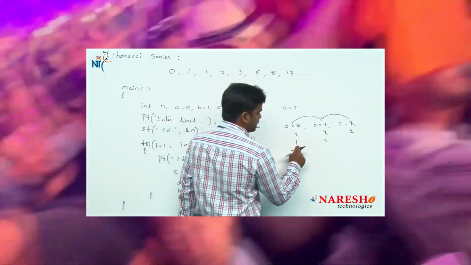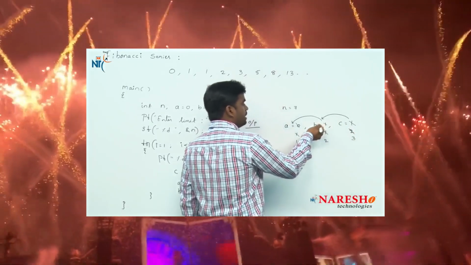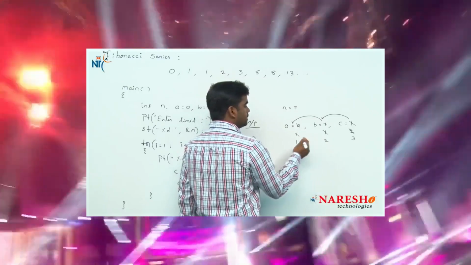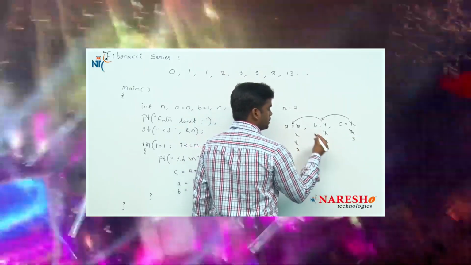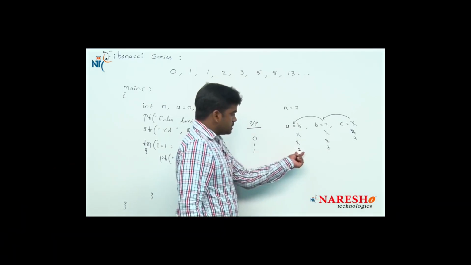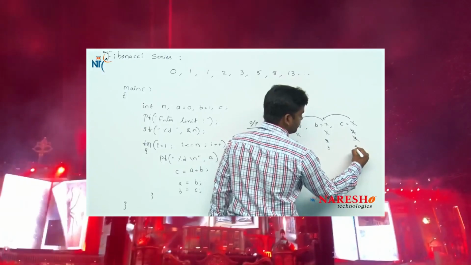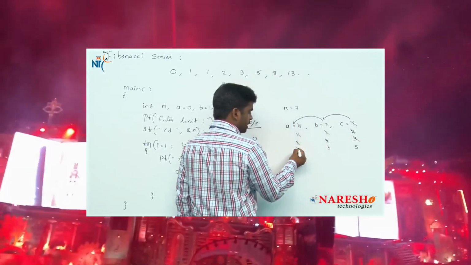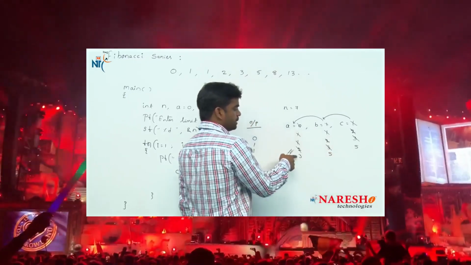Now observe, 1 plus 2, the c value is 3. Next the b value is stored into a, which is 2, and c is 3, so the next number in the series, 2, it will print. Next 2 plus 3 is 5, and the same story: 3 will come here and 5 will come here, and it will print 3.